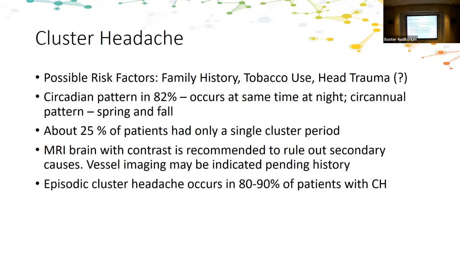Tobacco use, it's reported that 88% of these patients have chronic tobacco use. However, I don't think that should be thought of as a chicken or an egg situation, because not every person who uses tobacco chronically has cluster headache.